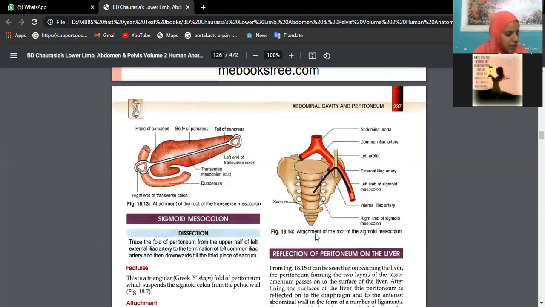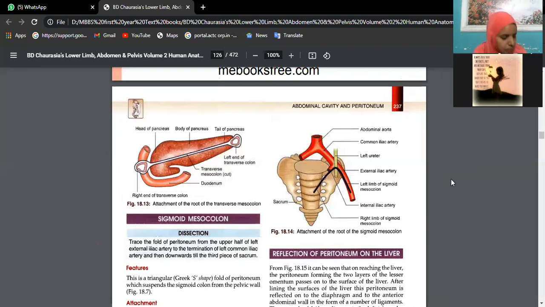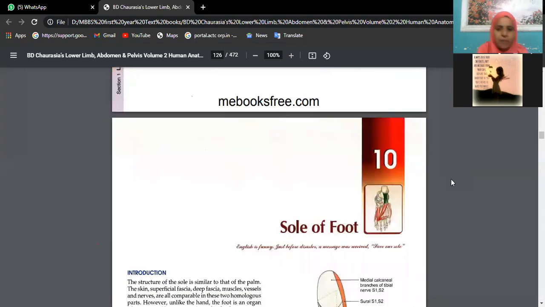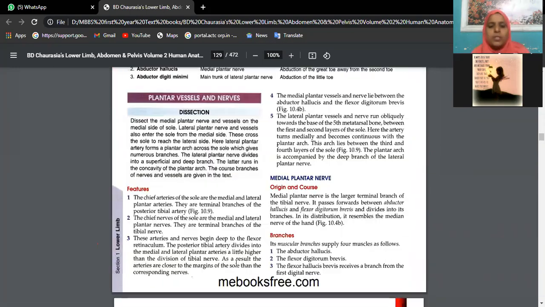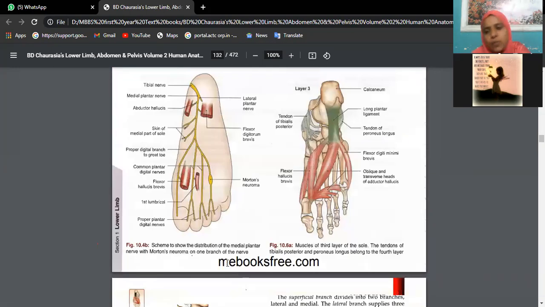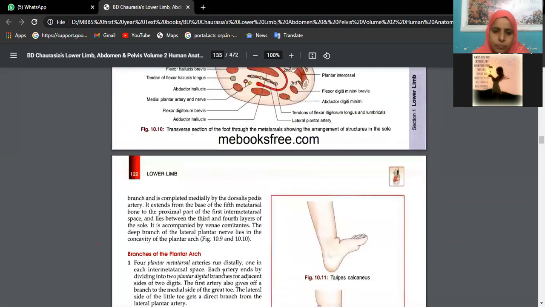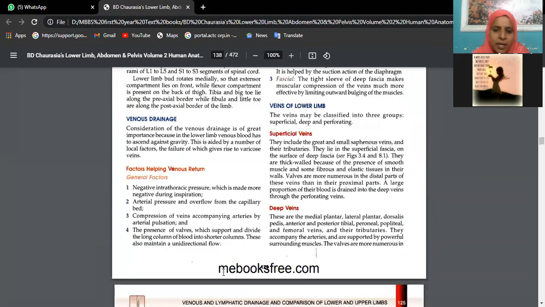So do you remember anything about the knee joint, Ritika? What type of joint is the knee joint? It's a hinge type, no? Hinge variety of synovial joint. What are the bones which are participating in the formation of the knee joint? Are you there, Ritika?